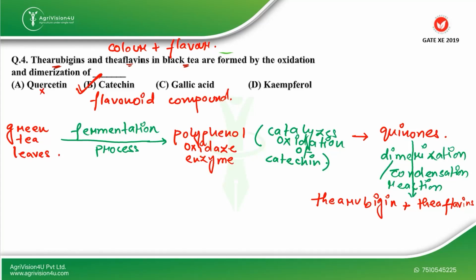Gallic acid is a phenolic compound which is found in some plants but not in green tea. And kaempferol is another type of flavonoid which is not a precursor of thearubigins and theaflavins. So therefore my correct option will be B, that is catechin.